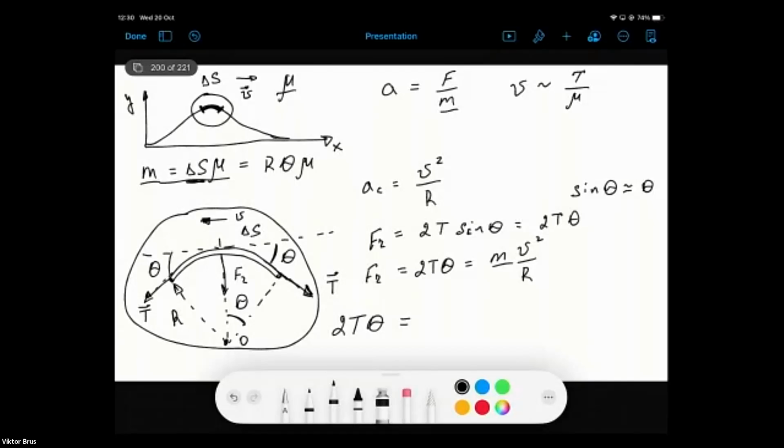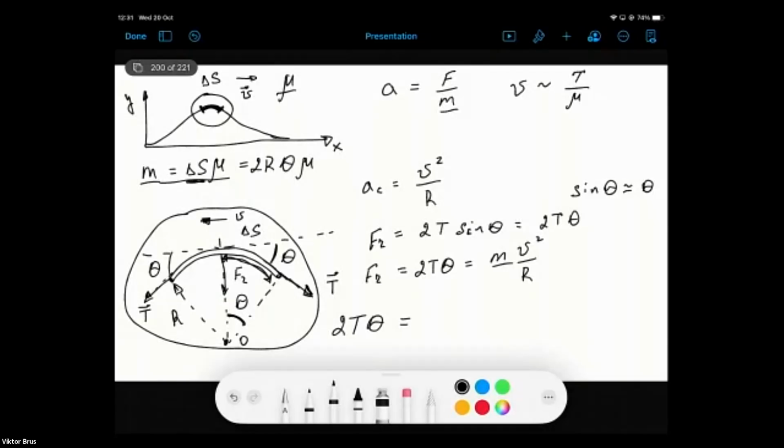Okay, there is one thing we missed, because theta is half of this angle on which the arc is residing. That's why we need to use 2 theta. So here should be 2. 2 theta times r will give us the length of this segment. If we multiply only by theta, it will give us the length of only this part of the arc.